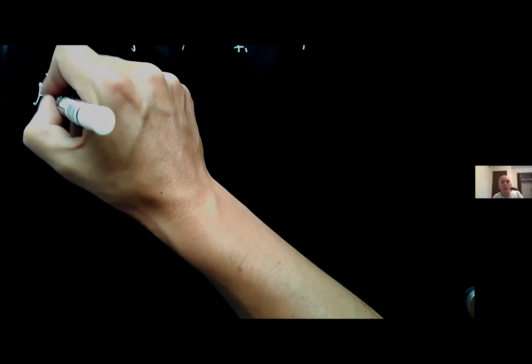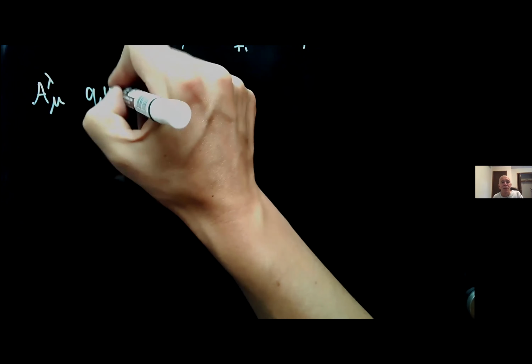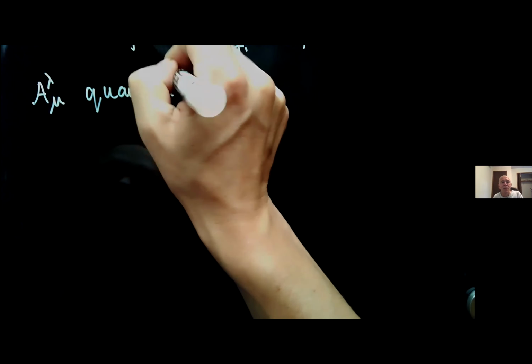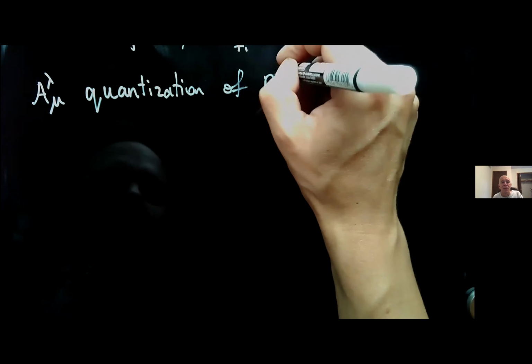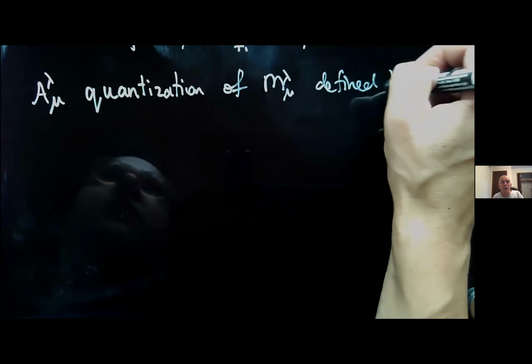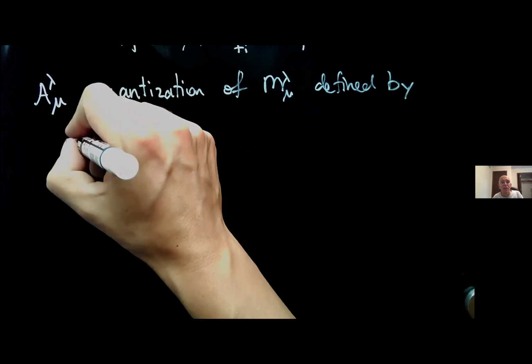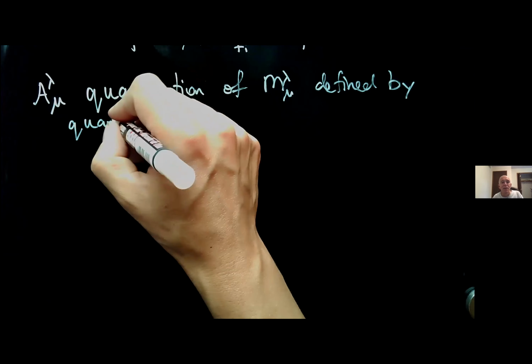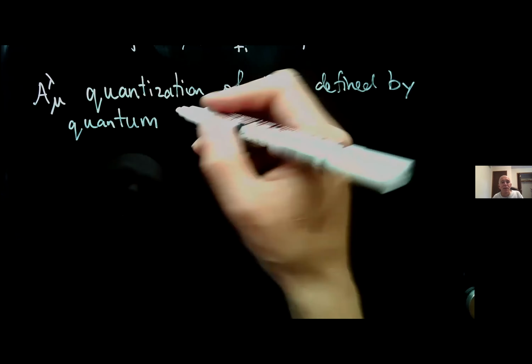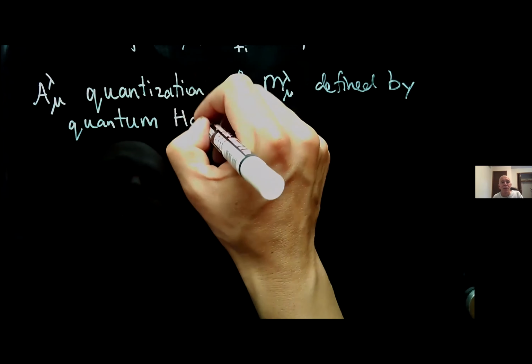So we have A lambda mu, I'll call it. This is a quantization of the quiver variety defined by quantum Hamiltonian reduction. It doesn't really have an explicit description; well, in some cases it does, but in general it has an implicit description by this procedure of quantum Hamiltonian reduction.